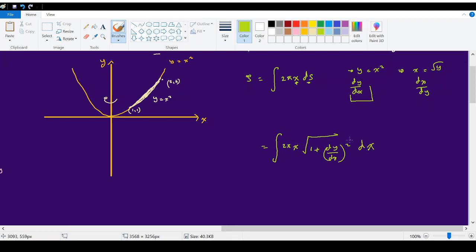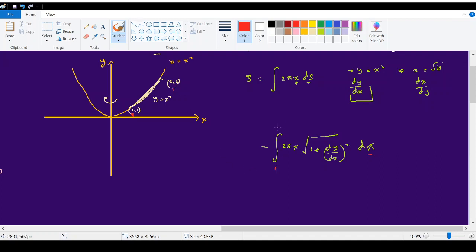As we are integrating with respect to x, we need to mention the start point and the end point of the x variable, which is 1 and 2.